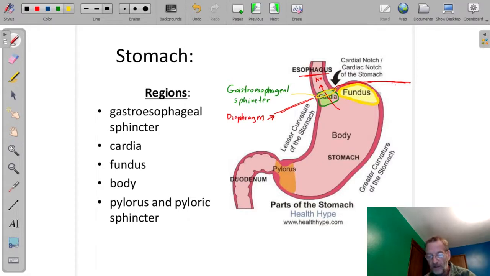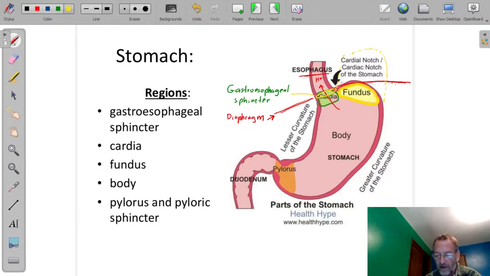Most of the time when you see these stomachs drawn, they're shown like this one, sort of an artist's conception of a normal, average stomach. But some stomachs have a very pronounced and large fundus where it moves quite a bit upward. It's not a big deal, but there's just individual variation.